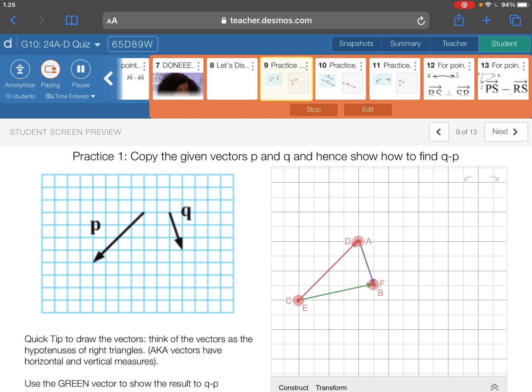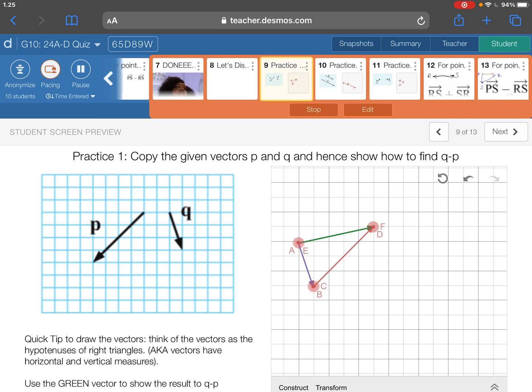Again, if you wanted to do Q first, so this minus P, which is adding negative P, you should get the same magnitude and direction.